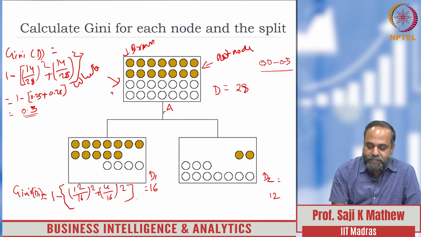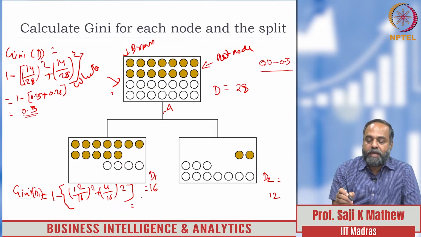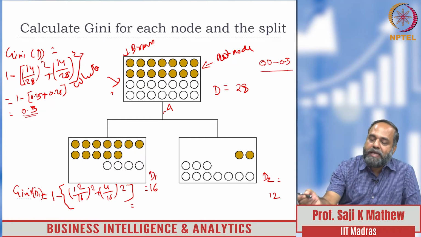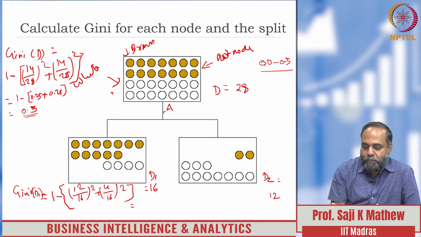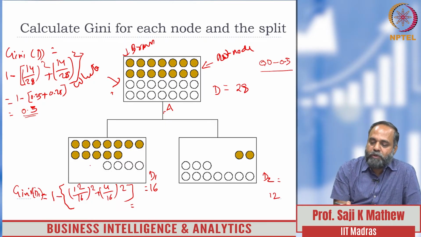You will get some value, I am not calculating that value, and obviously that value will be less than 0.5, because this is more pure. You can see that it's a reasonable split, the child node is more pure, so it will be a value less than 0.5.